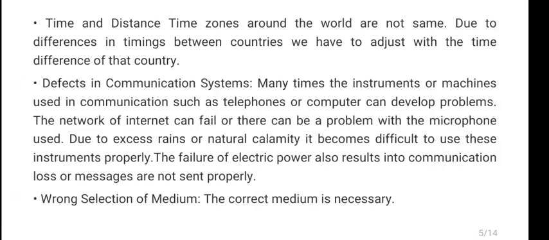Second is time and distance. Time zones around the world are not same. Due to differences in timings between countries, we have to adjust with the time differences, because time zones around the world are not same.